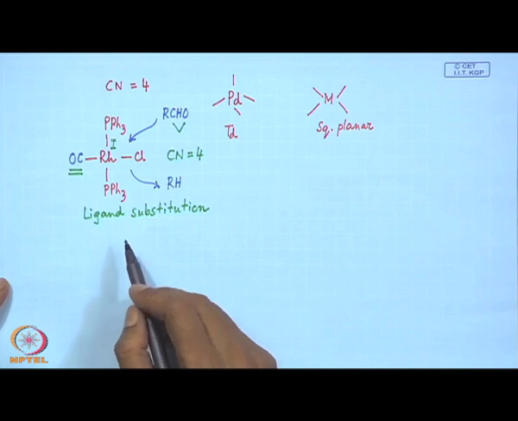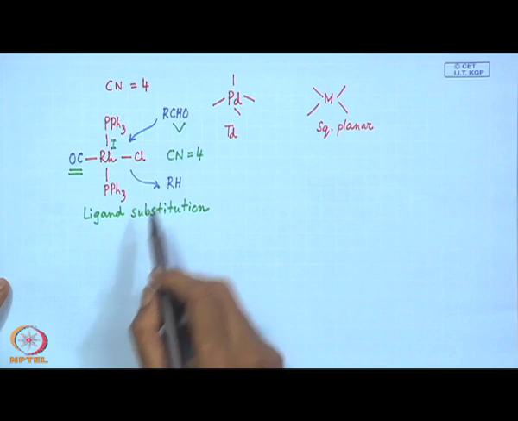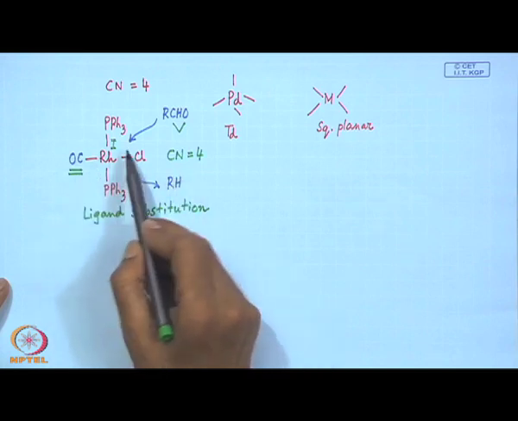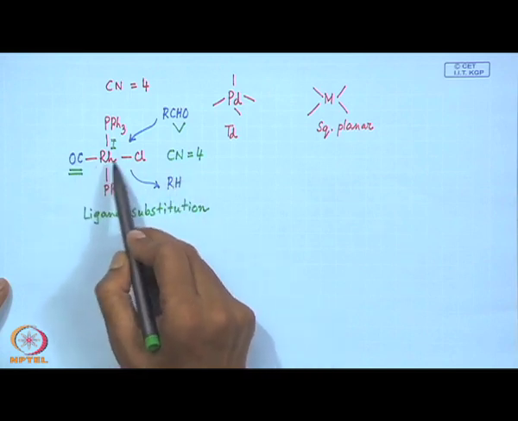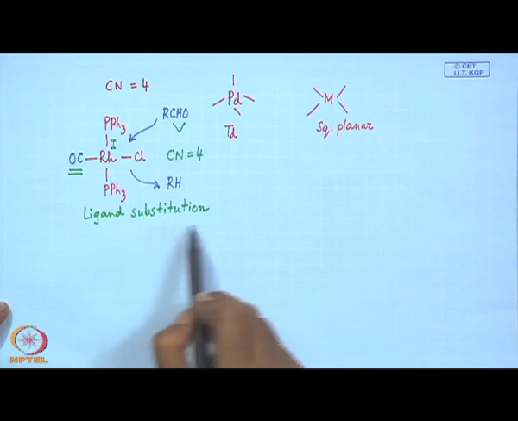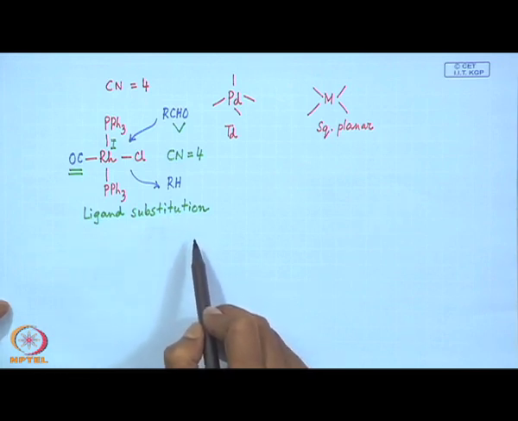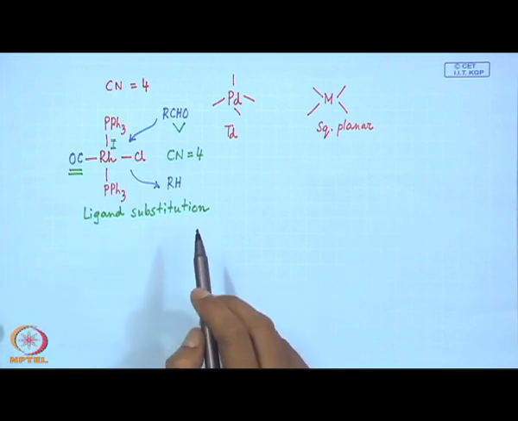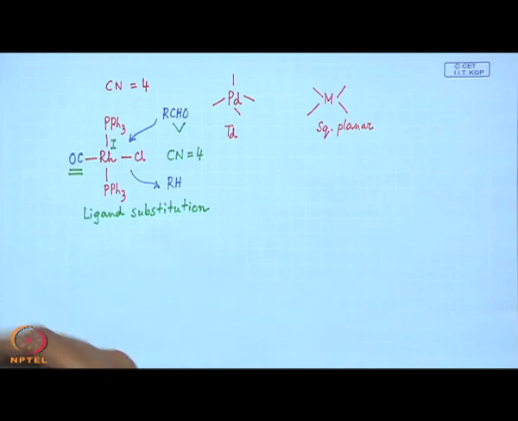So, no ligand addition reaction, that means both the phosphine as well as the carbon monoxide are not occupying positions around the rhodium center. Only the ligand substitution reaction is taking place over there.